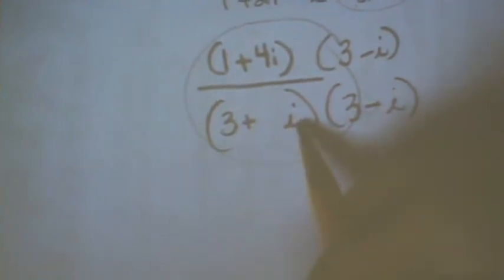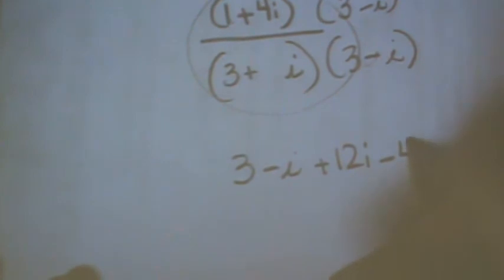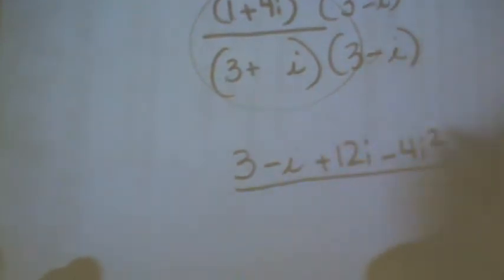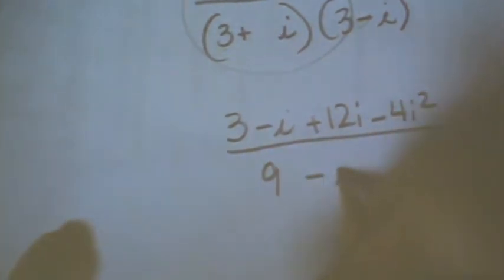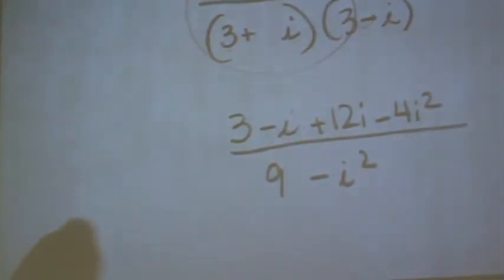Because you can't have an imaginary denominator. So 1 times 3 is 3. You have minus i plus 12i minus 4i squared, all over 3 times 3 is 9. The next two cancel out, minus i squared. This goes to 10.